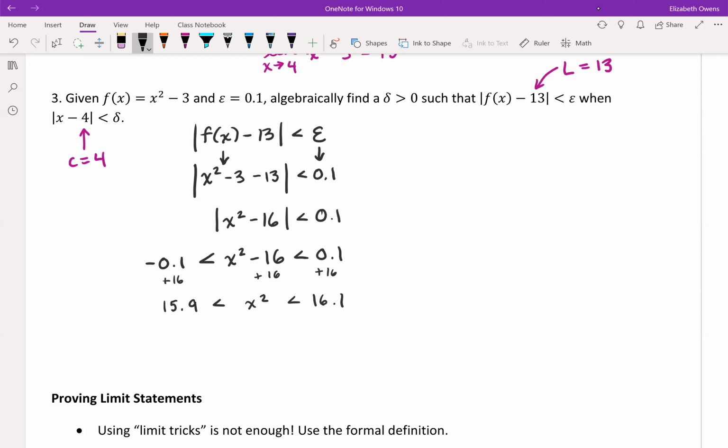It would maintain that same inequality relationship. So you're going to square root each piece. And square root 15.9, that would be 3.99 less than x in the middle now. And then square root 16.1, that would give us 4.01 there.